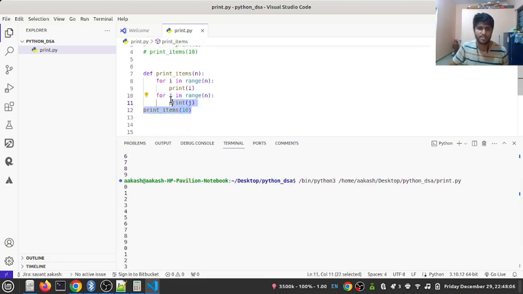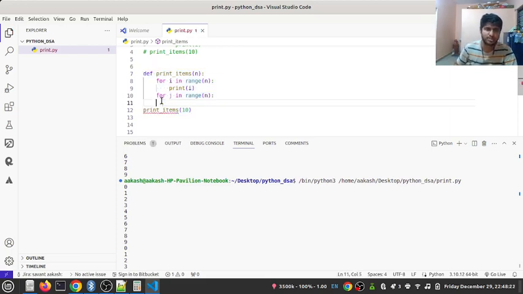So nested loops, as I explained to you. Here, let's say if I remove this, this was big O of n only. So we'll just remove this.